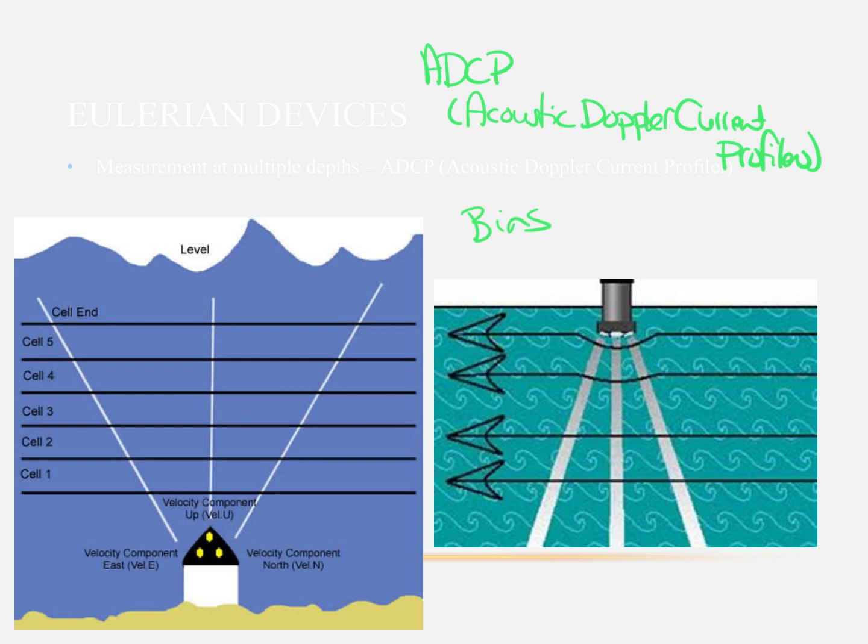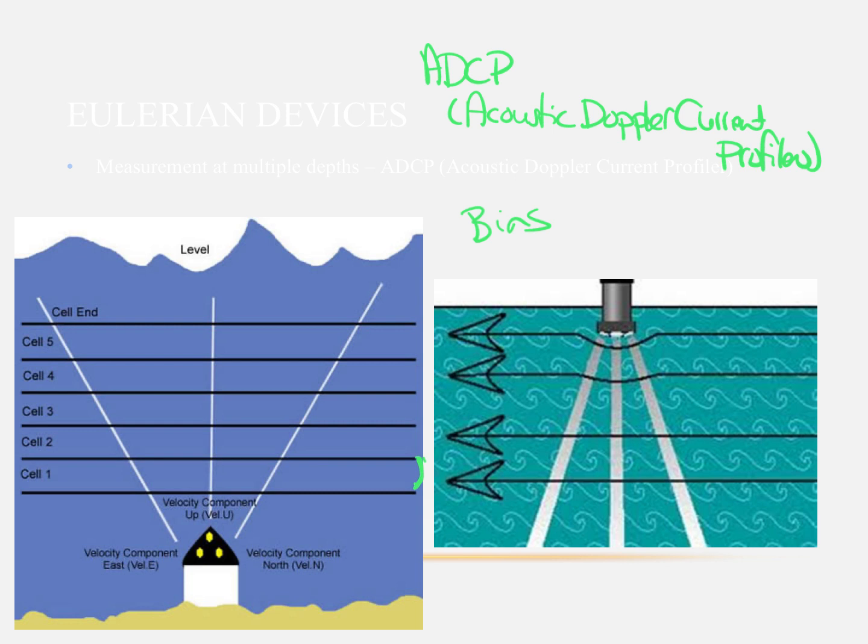So let's say I want a bin to be between 4 meters and 6 meters away from my device. And I want my next bin to be 6 meters to 10 meters from my device, and so forth. So I tell it that, and it figures out what frequencies it's going to use. These are my bins here.